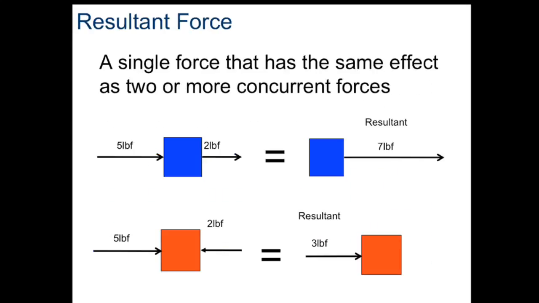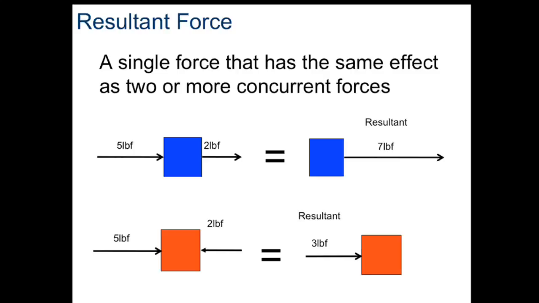A resultant force is what you get when you add up two forces, even ones that aren't opposing. If you add two forces together, you can consider them as one force in whatever direction.